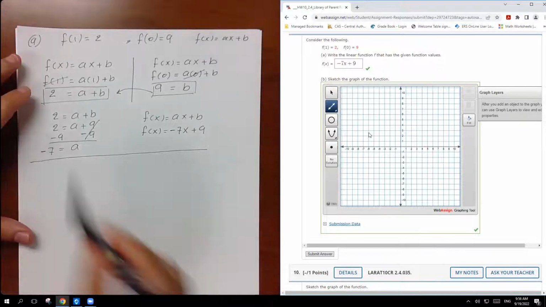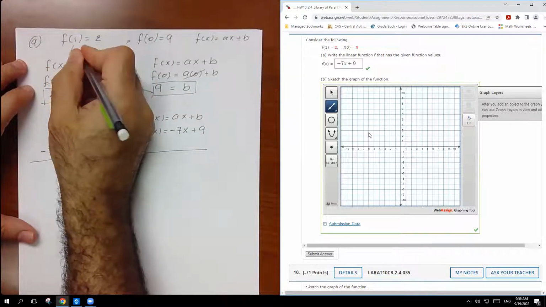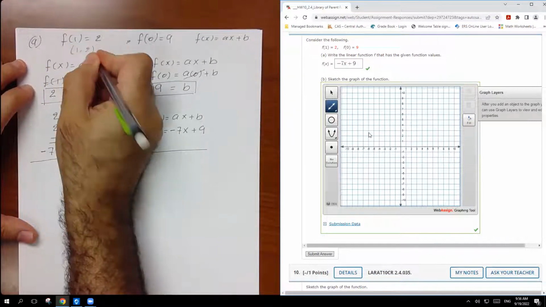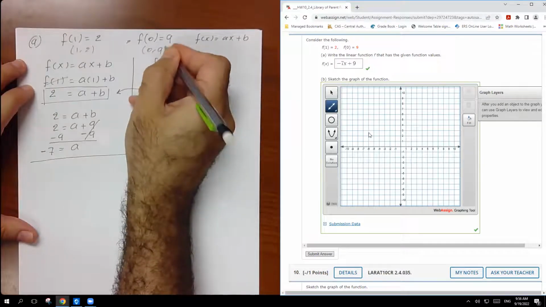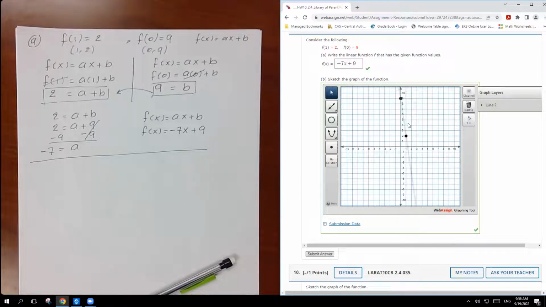I'm going to graph these points because this is the x and here is the y. And this is the x and here is the y. So I can graph these 2 points. Here's the first point, 1, 2. So I'm going to click 1, 2. And the second point is 0, 9. Here's 0, 9. So here's the graph of this function.